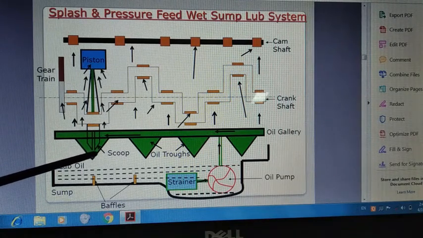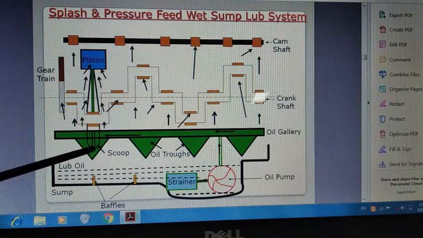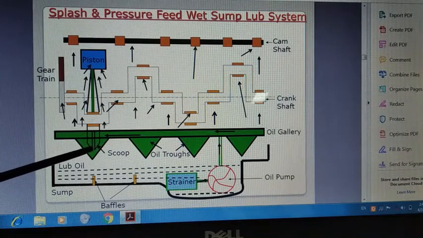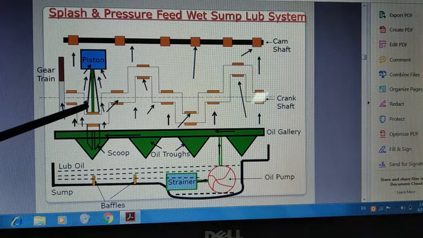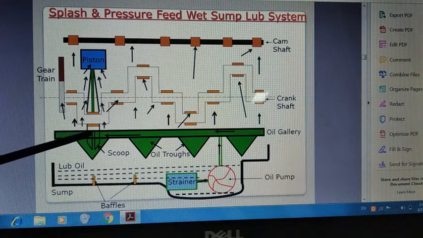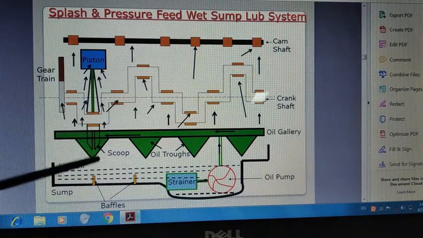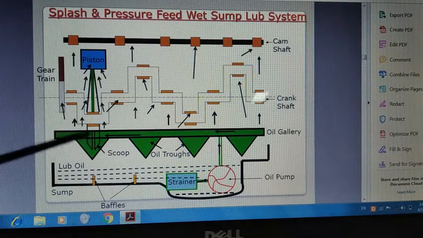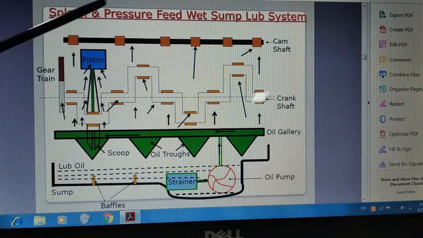A scoop is nothing but a kind of bucket or a larger spoon, which is arranged in such a way that the connecting rod will always splash the oil from the scoop on the inner side of the piston. Every time it is running, it will go through the scoop and splash the oil.